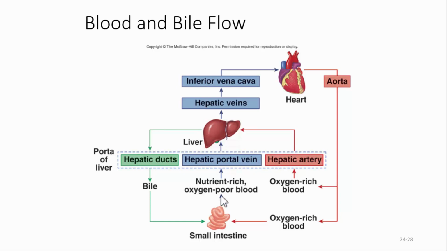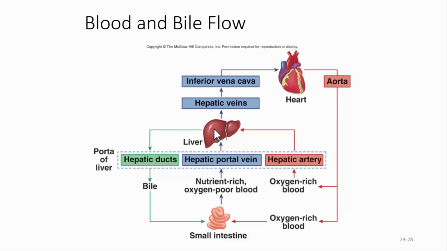Now, nutrient-rich oxygen-poor blood is going to go into the hepatic portal vein and to the liver for processing. From the liver, it goes from the hepatic veins, dumps into the inferior vena cava, and now we have all that nutrient-rich blood that's going to be then sent to the lungs to pick up oxygen and sent throughout the body to distribute that oxygen and distribute the nutrients.